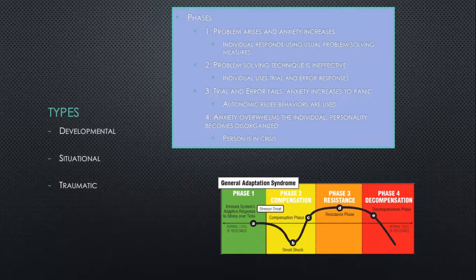Then they enter phase three, where trial and error is ineffective and anxiety develops into panic. And so the autonomic relief responses occur, which leads to stage four, which is the crisis state. And this is when the panic becomes overwhelming and the personality becomes disorganized. And that's based on that general adaptation syndrome that we talked about earlier.